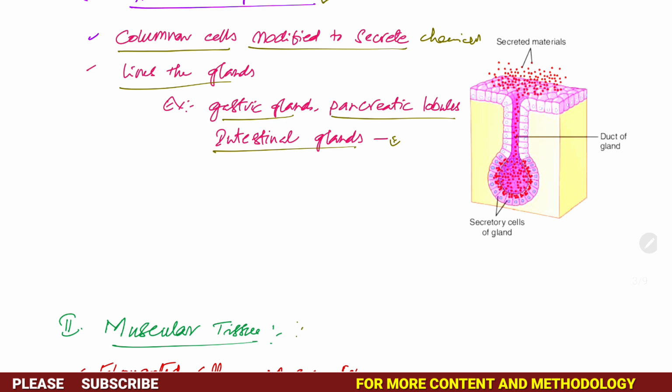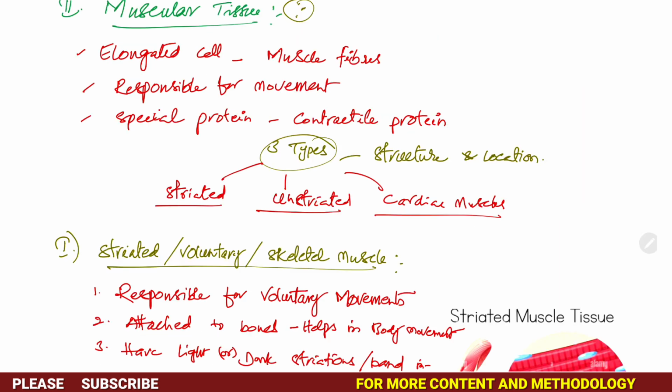What is meant by muscular tissue? How many types are there and what are the functions of muscular tissue? Let us learn one by one clearly. Muscular tissue consists of elongated cells also called muscle fibers.